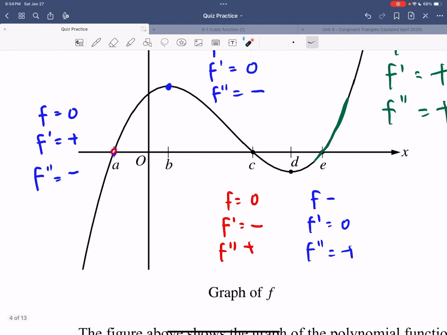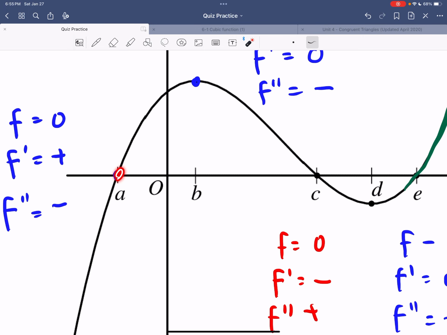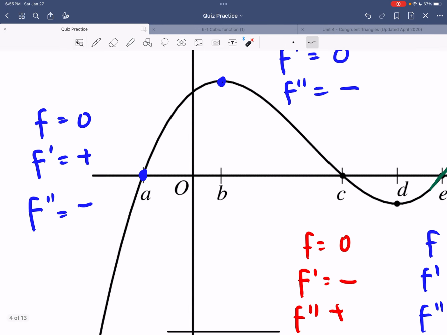So at point A, one of these is going to be 0, one is going to be positive, and one is going to be negative. This graph is the normal graph, and in this normal graph, point A is equal to 0. Now, the first derivative is a slope, and on point A this is a positive slope.